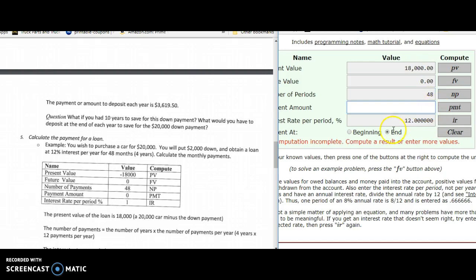Okay? And since it's per month, 12 divided by 12 months gives you 1% per month. And then you can calculate that your monthly payment would be $474.